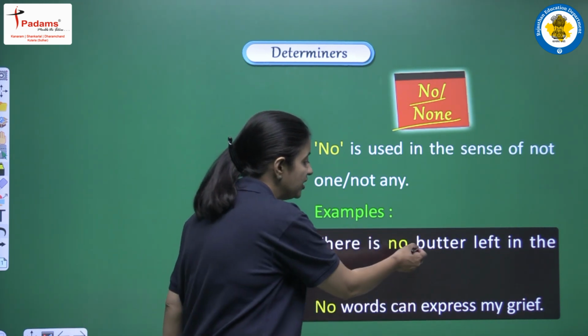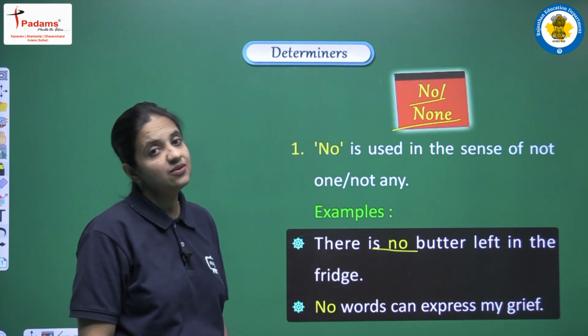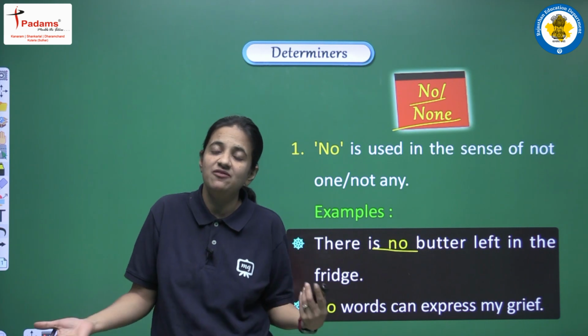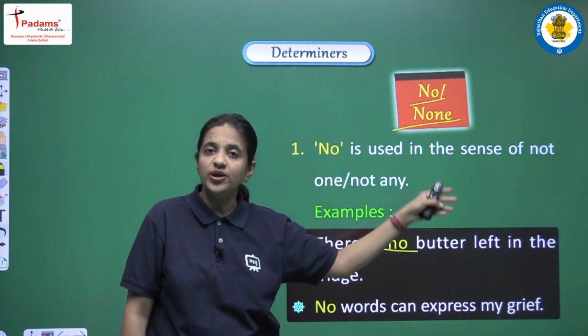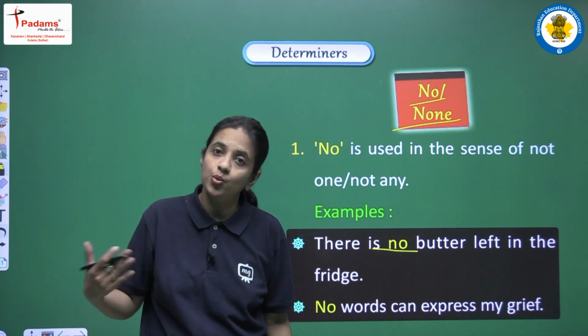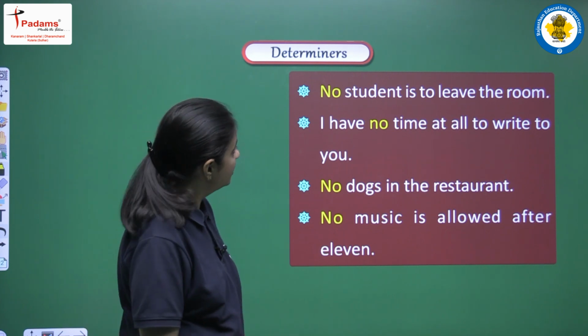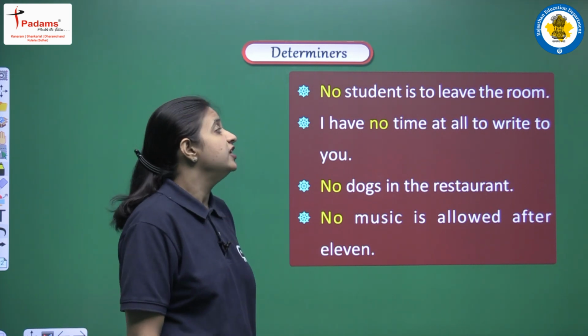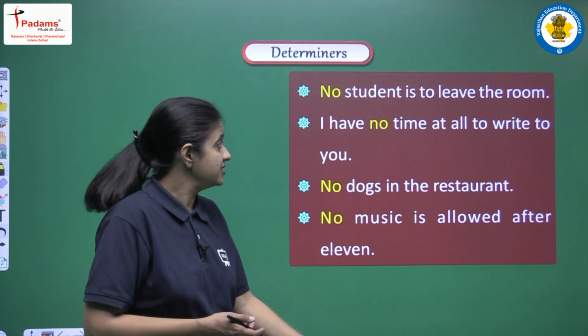We are having no here in this sentence. Second sentence is no words can express my grief. So it's a very simple, very easy structure when we are using no, and the use of no makes the sentence a negative one. Next we are having more examples. No student is to leave the room. We are giving one kind of instruction here.